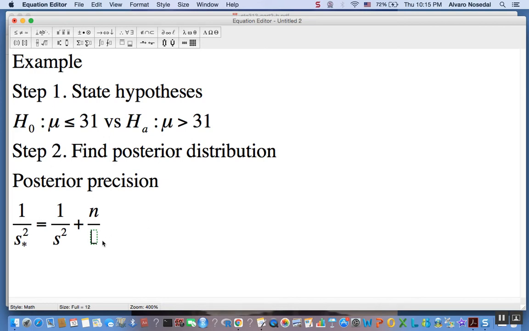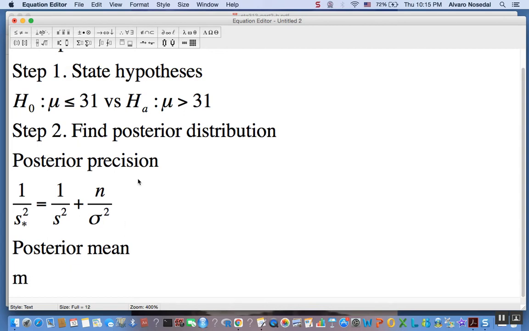So the reciprocal would be n divided by sigma squared. Again, posterior precision equals prior precision plus sample precision. Once you have that, you can easily find the posterior mean.